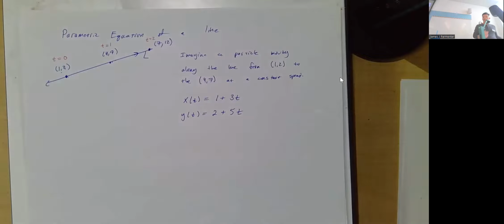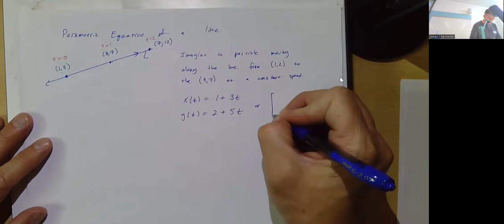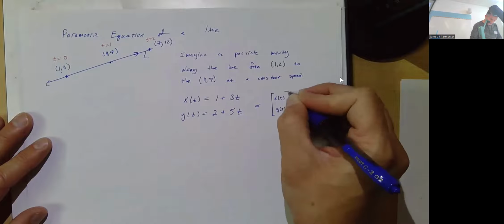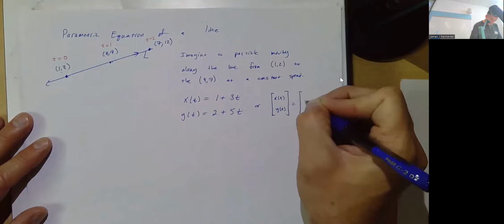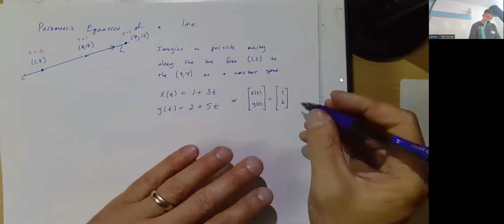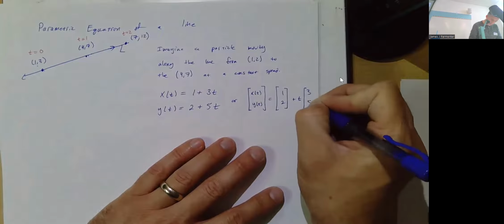I will point out, just because you might see this, you could also write this as the vector (x(t), y(t)) equal to (1, 2), your initial point, plus t times (3, 5).